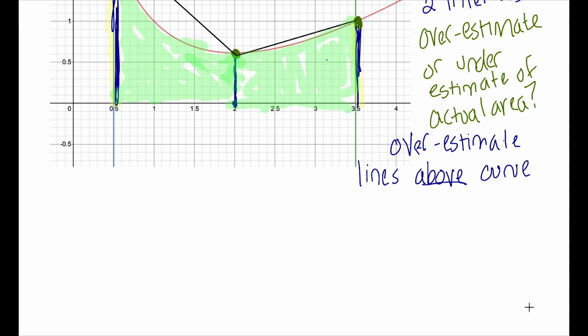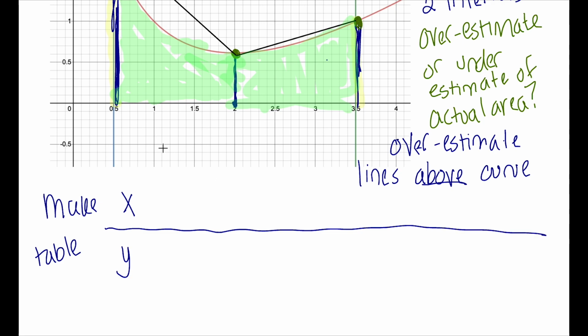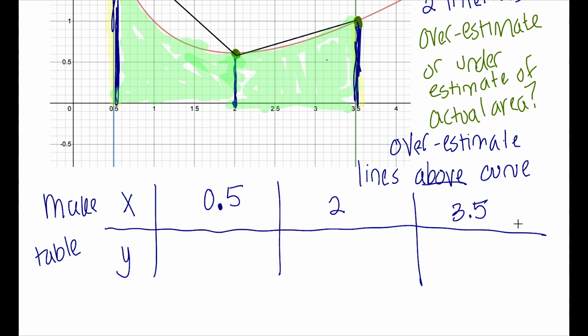So the next step, we have to make our XY table, and we have to include each x value that makes up these intervals. So here I will use 0.5, 2, and 3.5.